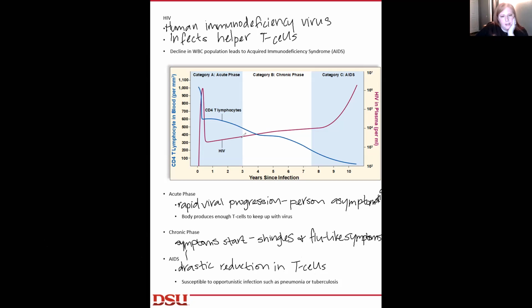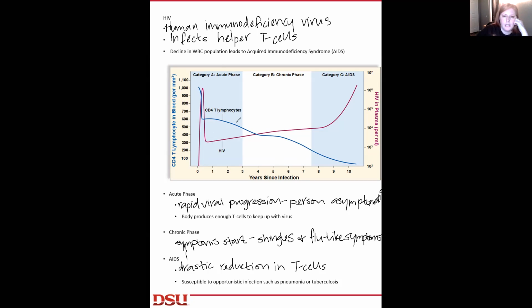So on this graph, we can see HIV is being represented by this purplish plum-colored line, and the white blood cells, specifically the T lymphocytes, are the blue. So you can see in the acute phase, we still have a high number of our T cells, so it's keeping the symptoms of the virus from showing up.